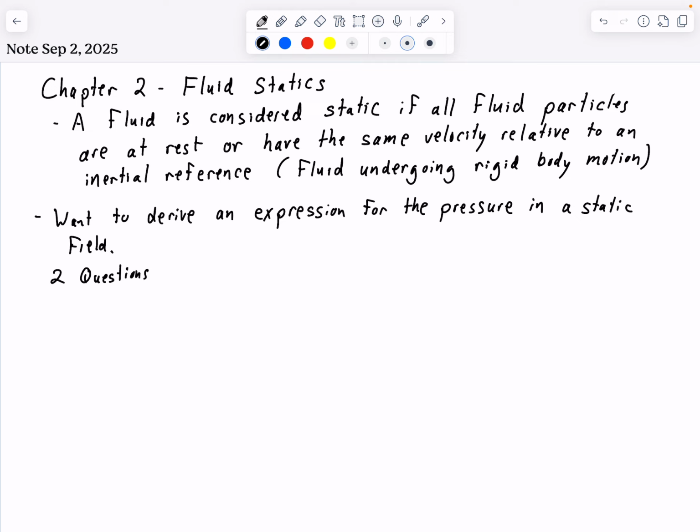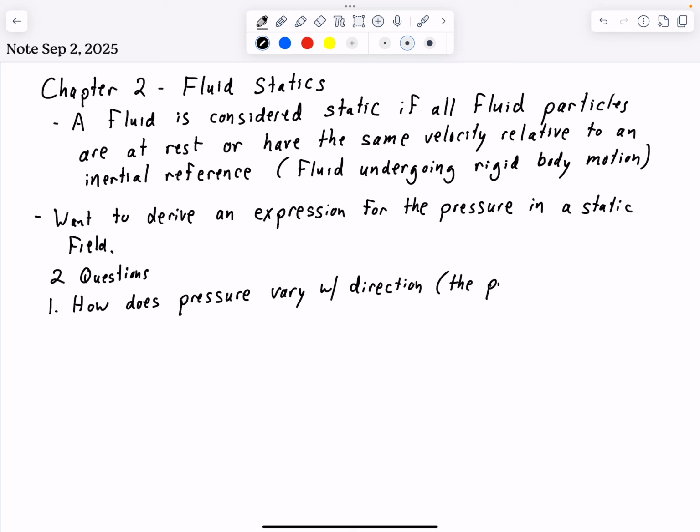This video deals with the first question, which is, how does pressure vary with direction? In particular, we're talking about the pressure at a point. That's the topic of this video.